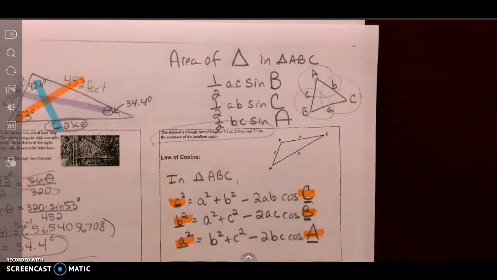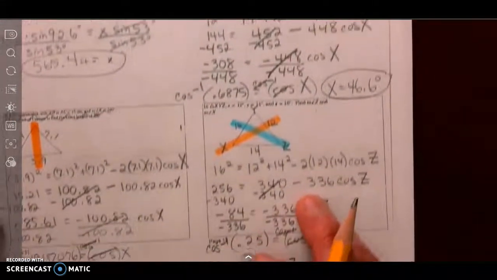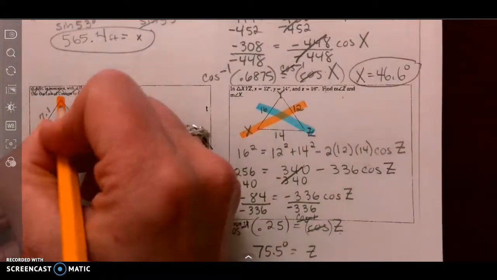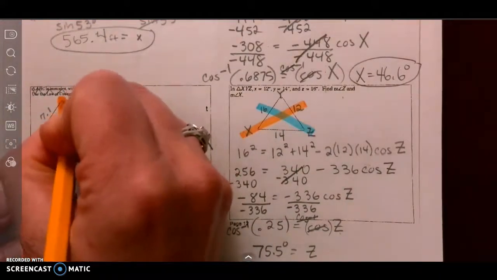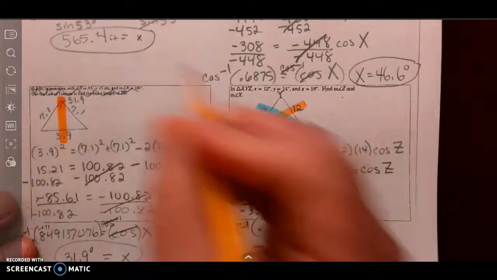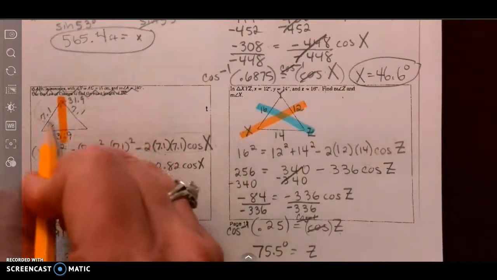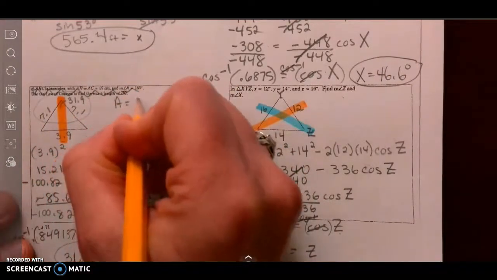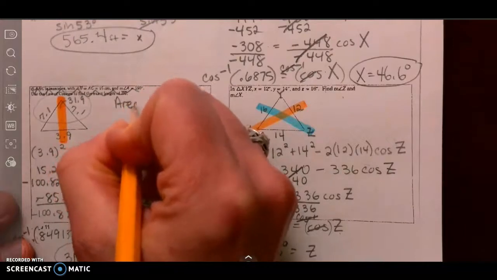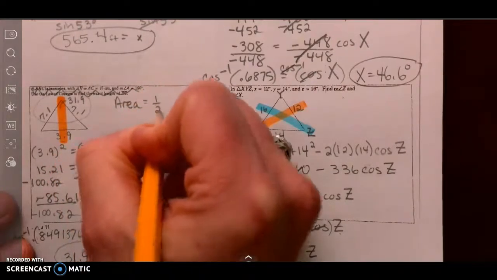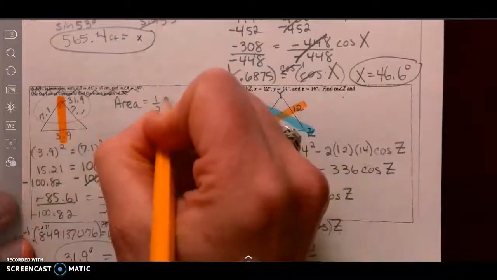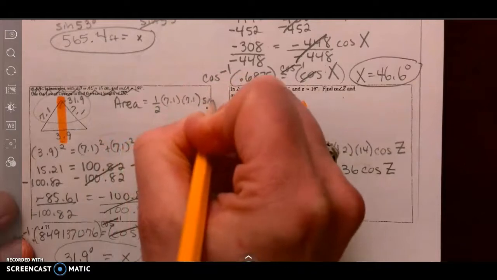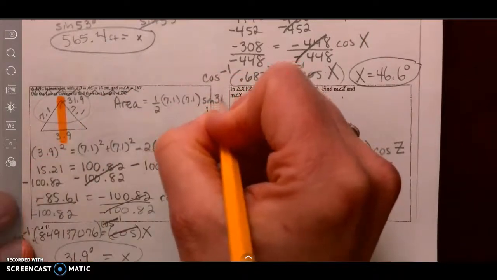Let's go down to one of these triangles right here. So this triangle here, we learned that this angle right here is 31.9. And so I'm going to use this corner right here of this triangle. The area equals, I shouldn't say A, that'll be confusing. Area equals 1/2. These two sides, 7.1 times 7.1 times the sine of 31.9.